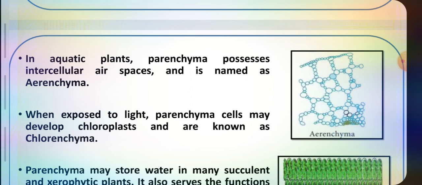Why are they called aerenchyma? Because they have large air spaces, and that is very helpful for what? To float. See these leaves, some plants are floating hydrophytes. They float on the surface of the water for buoyancy.